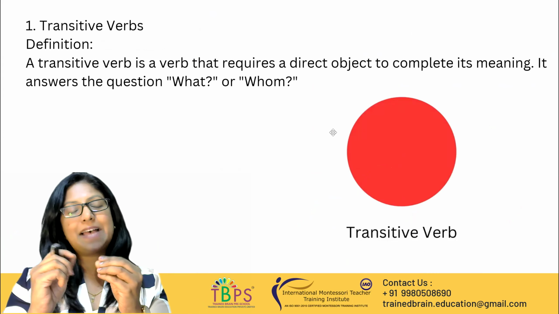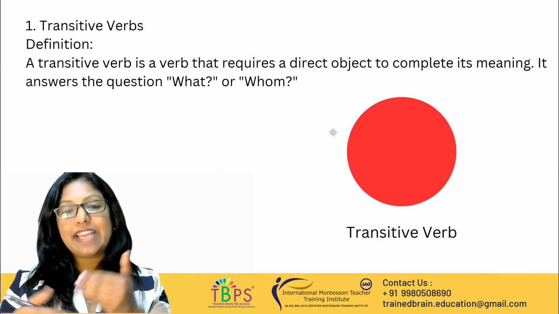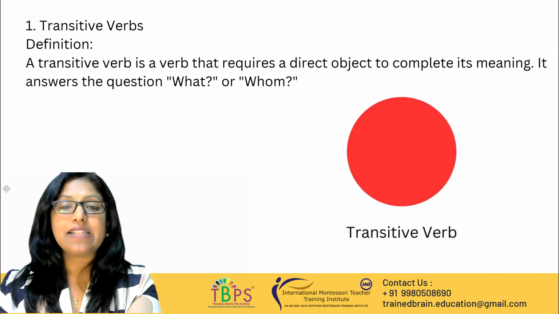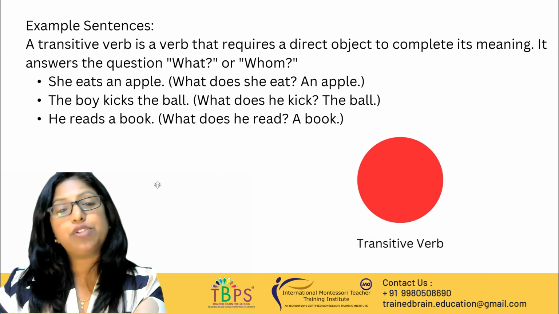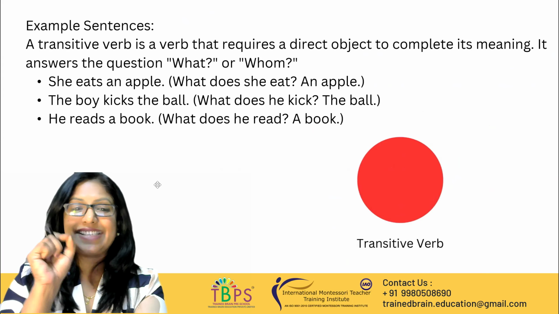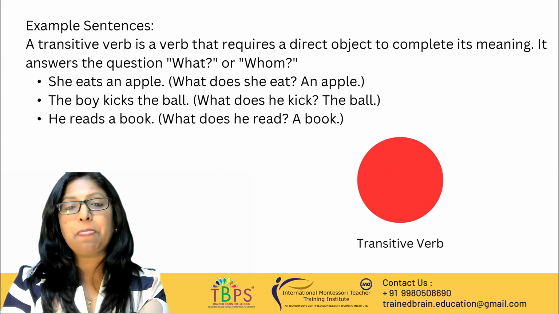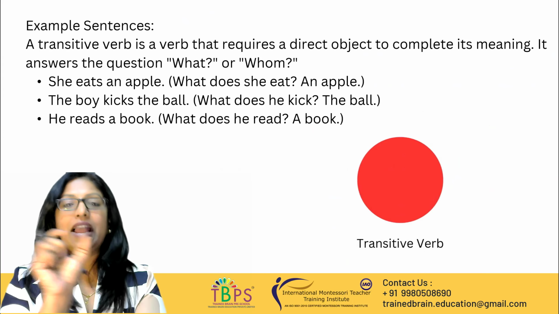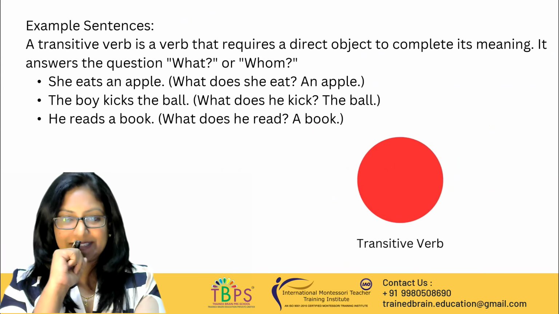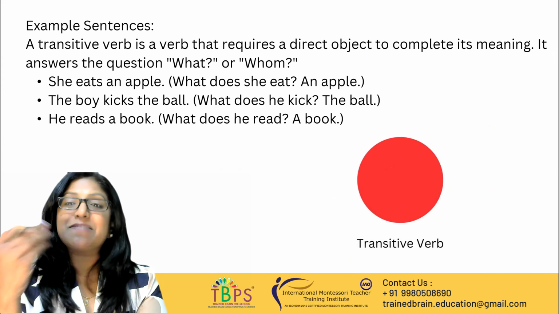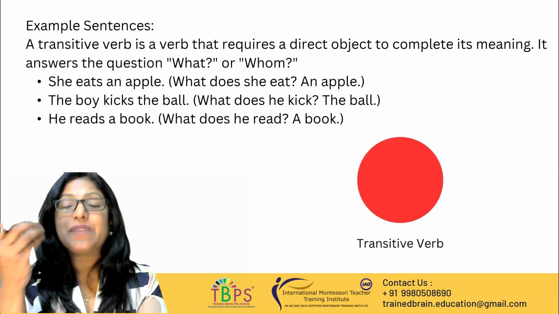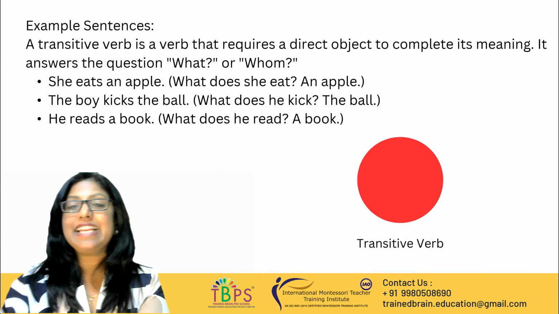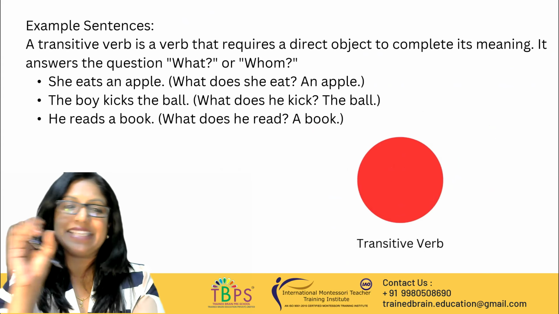Say, for example, we might ask questions like what, when, whom, right? So if I'm able to answer those, we would be able to work on it. To understand, let's take an example. If I only take a verb like eats and I make a sentence, "She eats." Does it make sense? It doesn't make much sense, because we definitely need a verb that is directly linked to an object to complete its meaning.